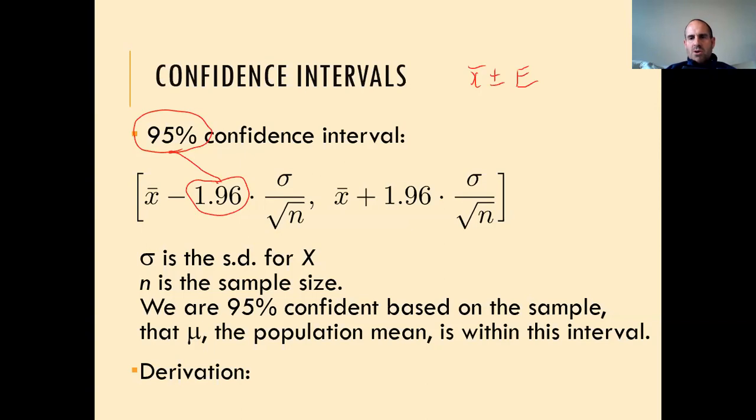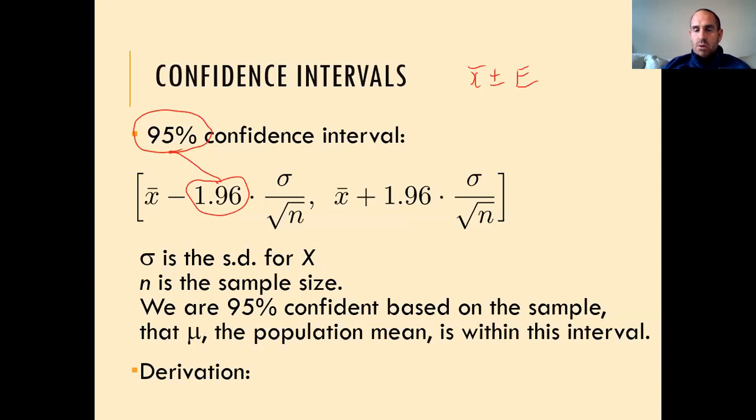I'm already kind of running long, just because I talked a lot about the student t distribution, so I'm going to leave it at this for now. We have our first formula for a confidence interval. We're going to have other ones that actually involve the student t distribution.